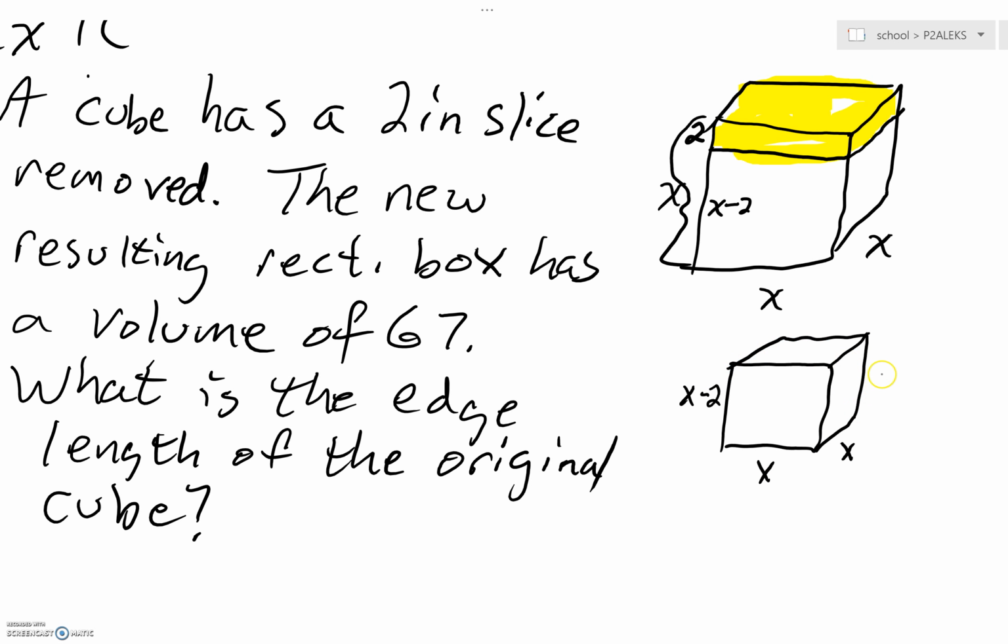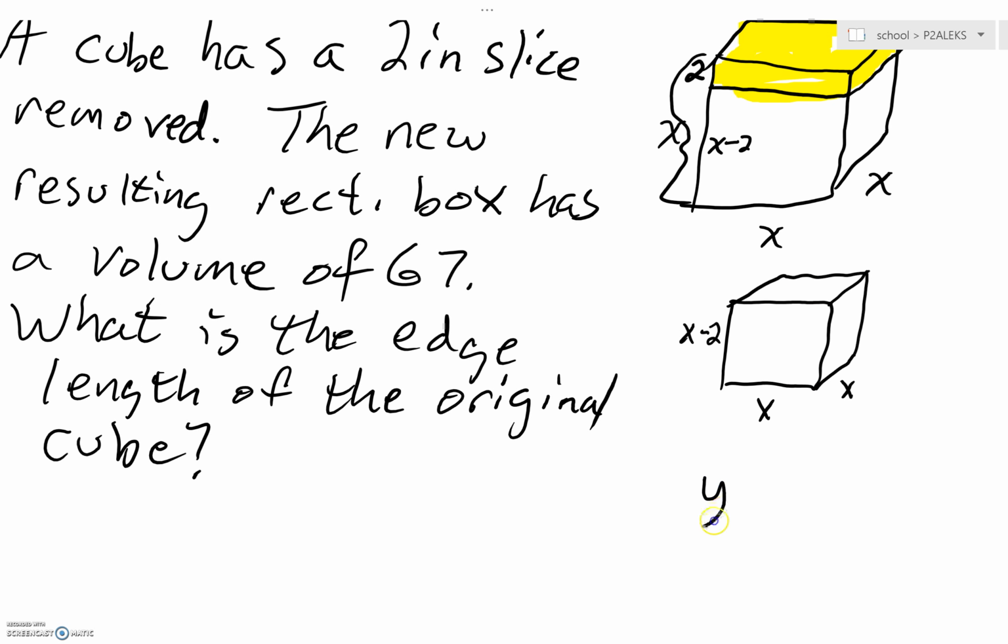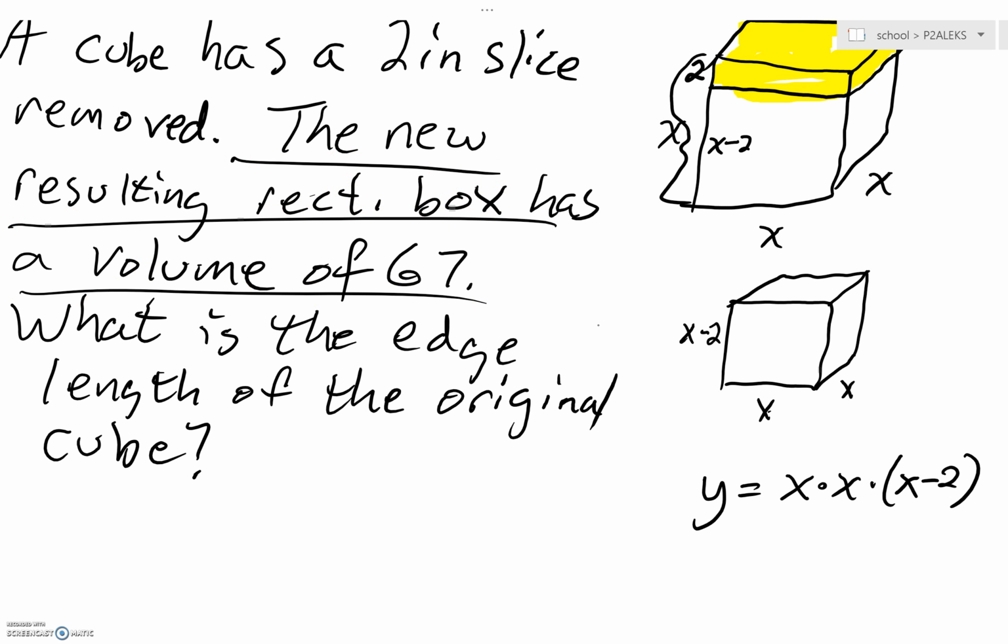And that's really what we've got. You can see that your volume is length times width. Here's your new height. You just lost 2 inches, right? And they're saying this new box is a volume of 67.